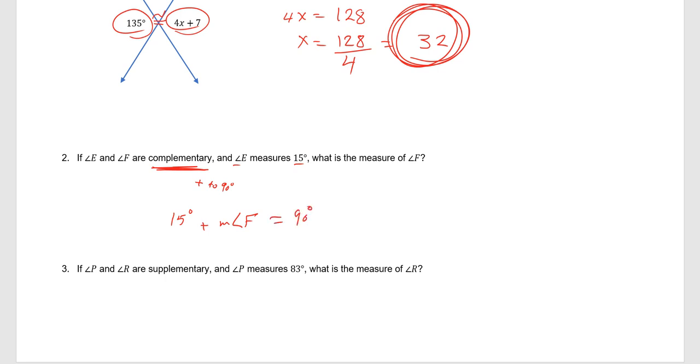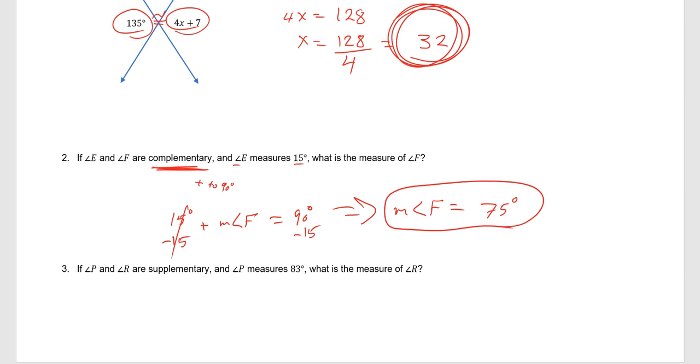So the measure of angle F is equal to, subtracting 15 from each side, 90 minus 15, which is 75 degrees. That's the measure of angle F.